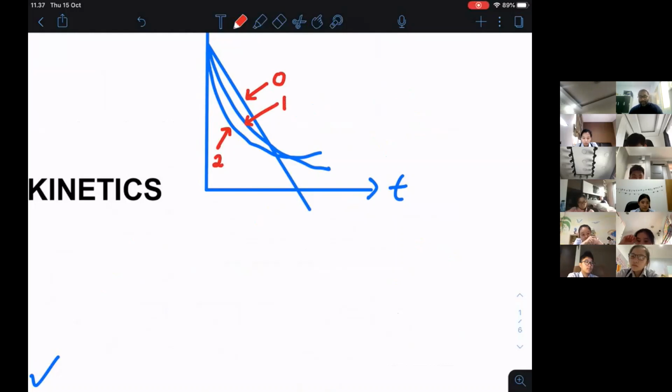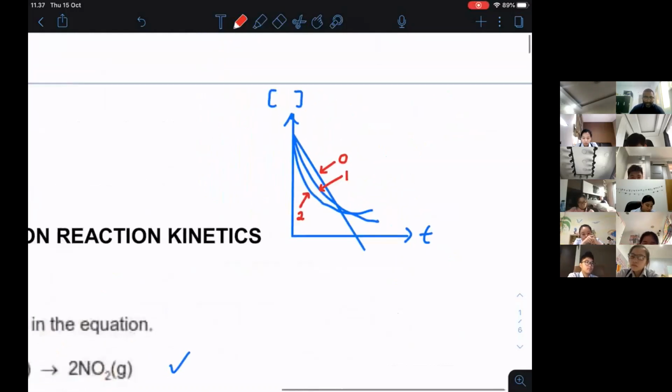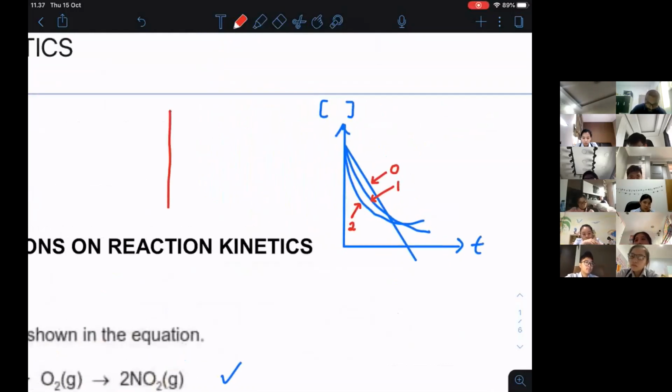If I want to draw another graph, which is very popular, it is rate against concentration. Now in this graph, we have a situation where the rate can be constant. If the rate is constant, that's going to be your zero order graph.